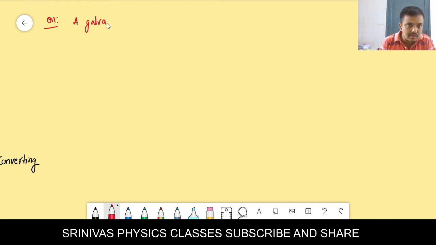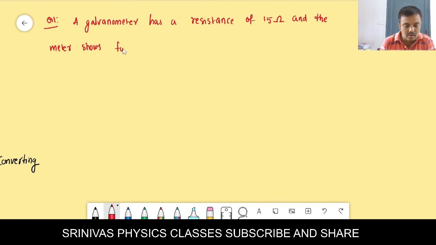A galvanometer has a resistance of 15 ohm and the meter shows full scale deflection for a current of 4 milliampere.